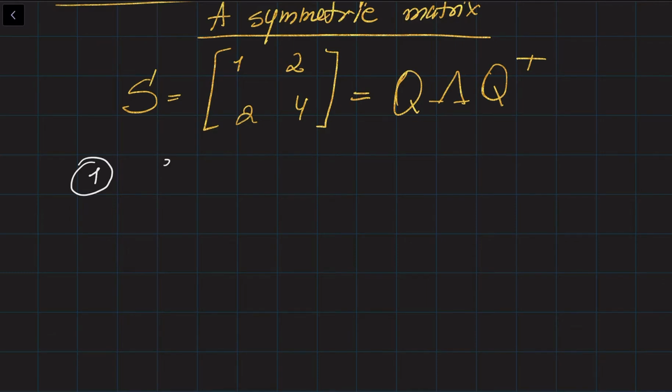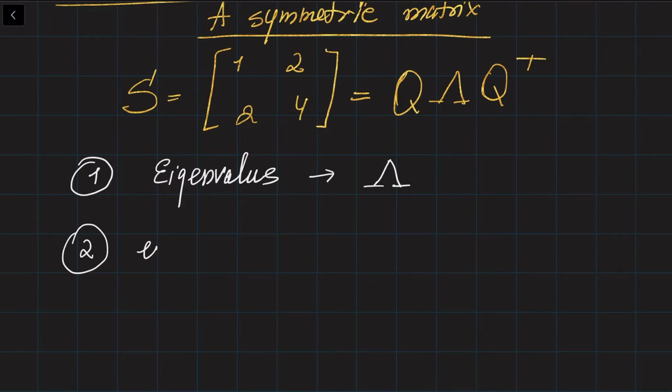First of all, we're going to find the eigenvalues of this matrix, and we need to construct this matrix lambda. Second step, we are going to find its eigenvectors of this matrix S. Let me denote the eigenvectors as, let's say, C1 and C2.